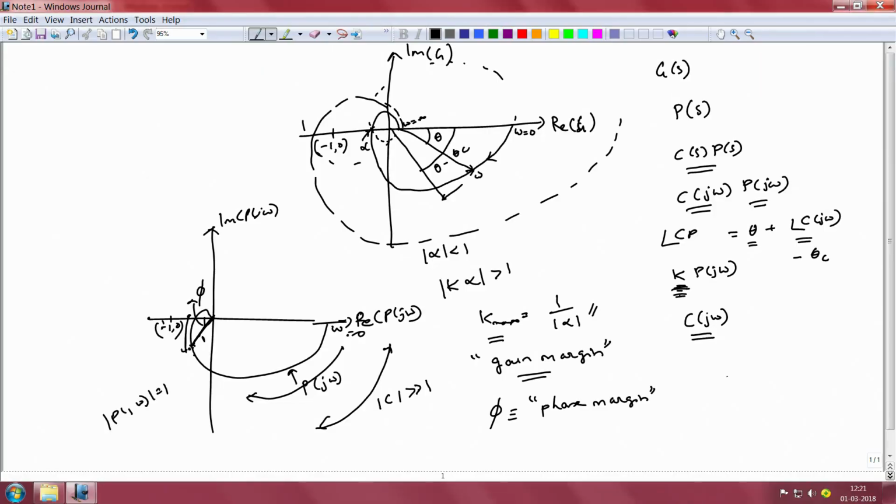So, when we are trying to do design, we are essentially trying to obtain the structure for our controller C of j omega. So, each time we come up with a certain controller structure based on our particular performance requirement, we need to plot the Nyquist plot of C of j omega times P of j omega and confirm whether this Nyquist plot is encircling the -1 point or not.